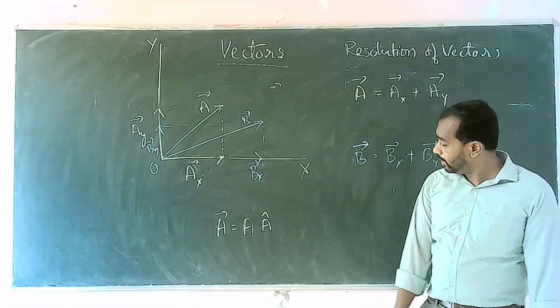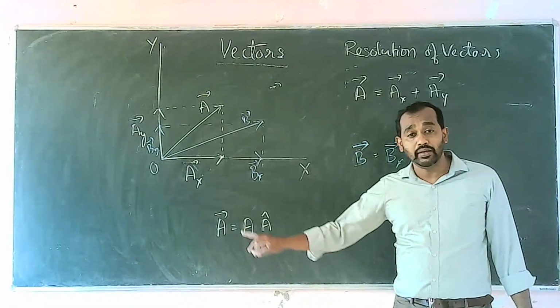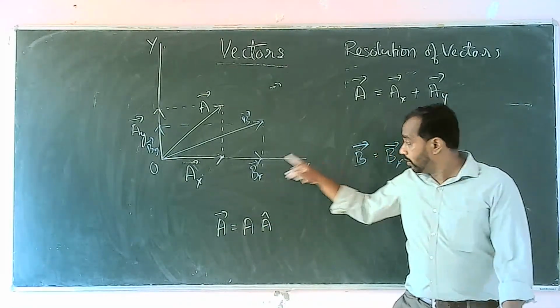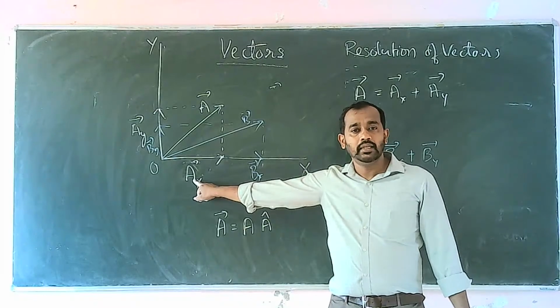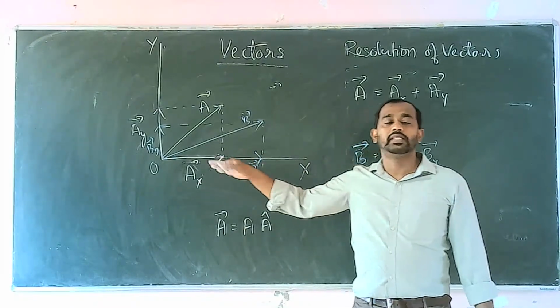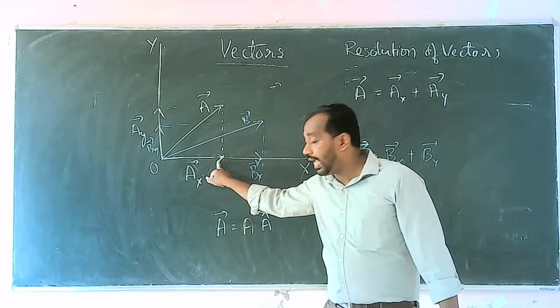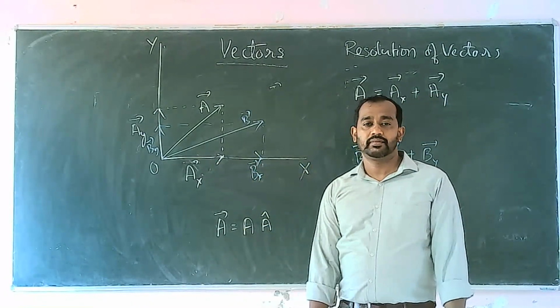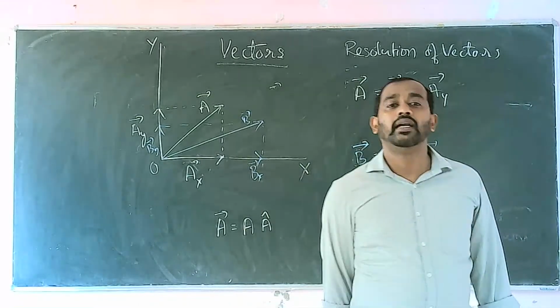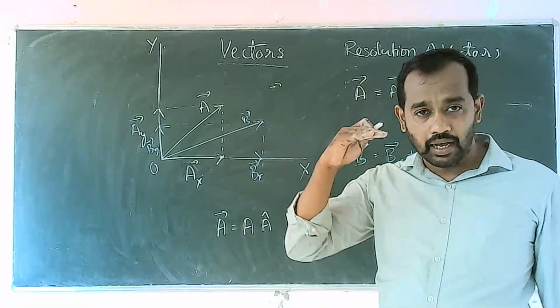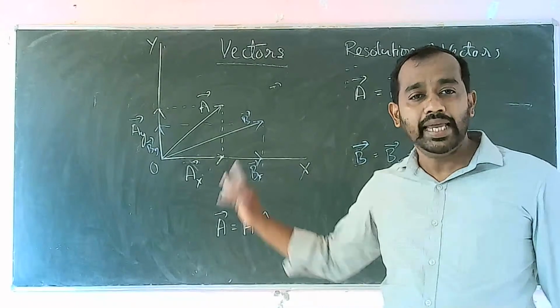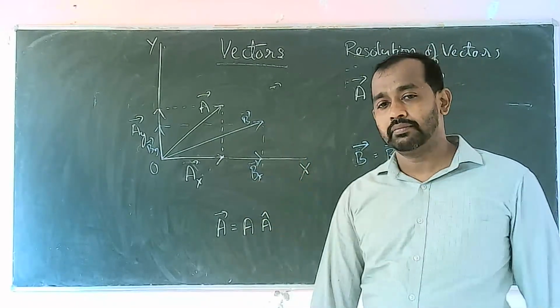Even the component Ax will be represented as the product of the magnitude of Ax into the unit vector representing the x direction. Now we have a definite direction, x direction. Ax is along the x direction.